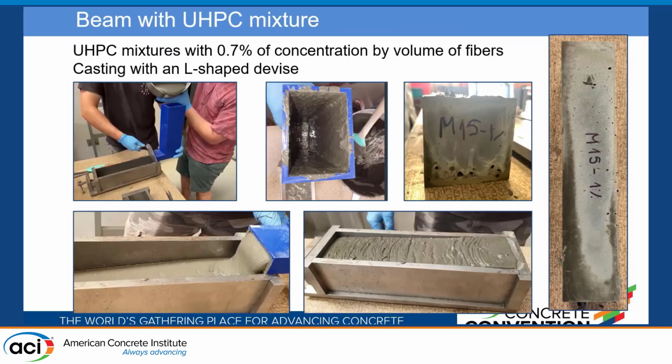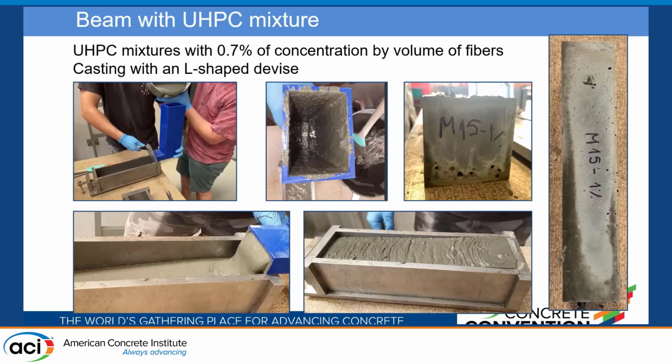We had to make the mixture because we needed the rheology to input into the CFD program. We applied this setup: the L shape is put vertically and the flow comes from one end. Of course, we took this final beam to a CT scan to understand the fiber orientation and dispersion.